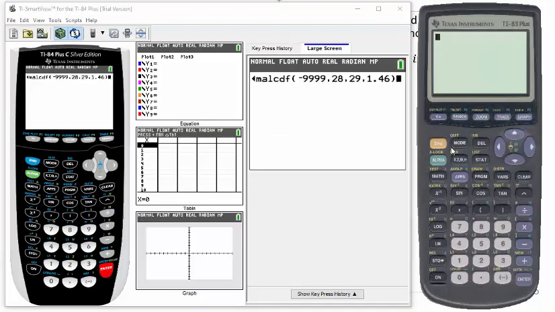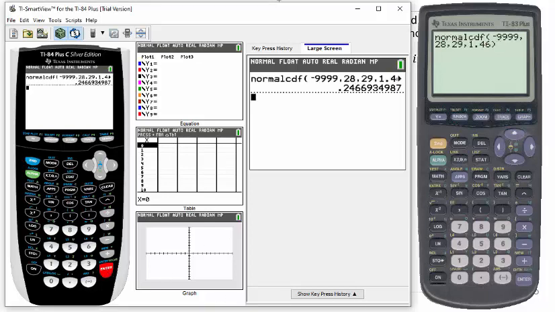Over here on the TI-83, you hit second function, distribution, normal CDF, lower negative 9999, comma, 28, comma, on average it was 29, comma, the standard error was 1.46. You hit enter, and you get the same thing. I'm going to round this to 0.2467.